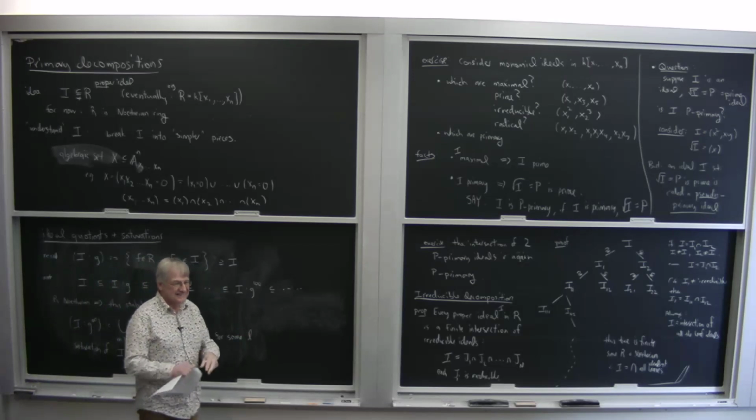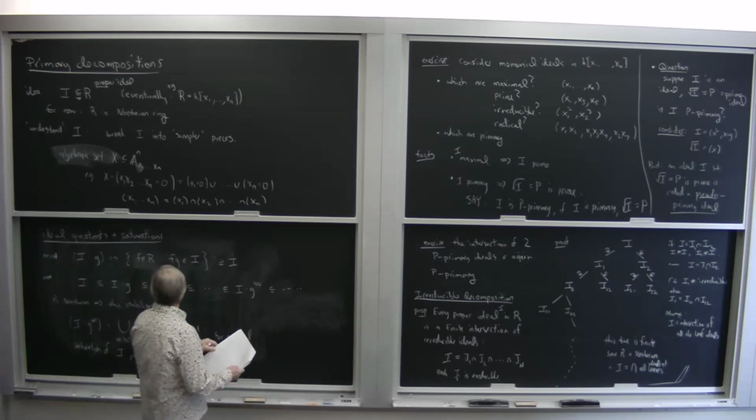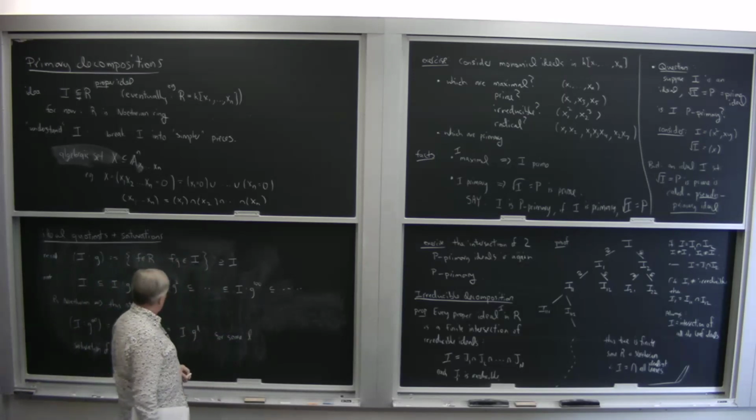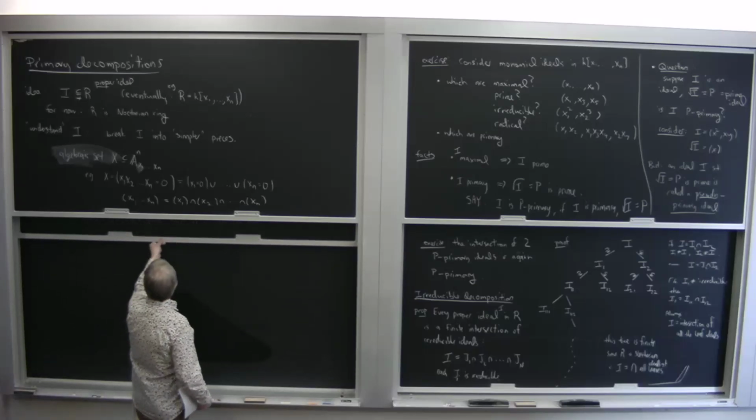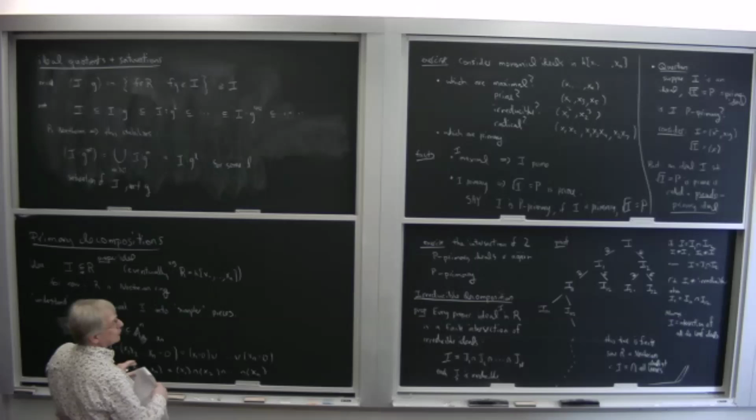No, they're not. Well, for instance, let's take an example. Mike, can I ask a quick question? Sure. There was nothing special about the fact that G was an element here. You could have done this replacing G with some ideal J. Is that right? Absolutely.